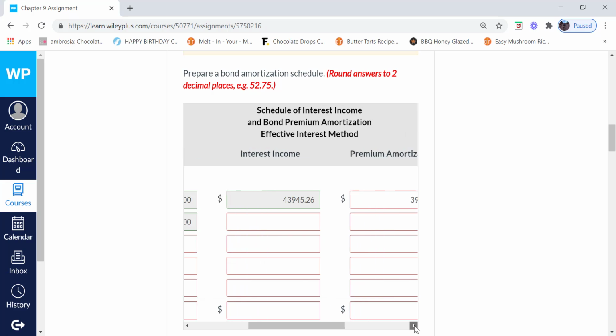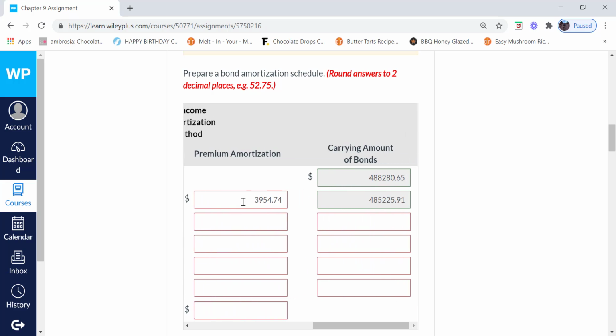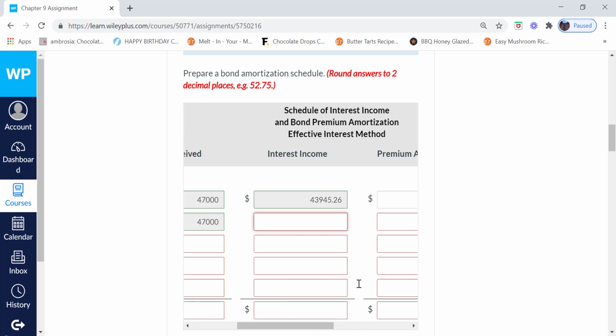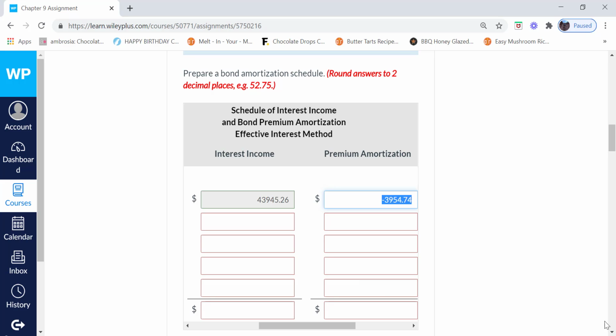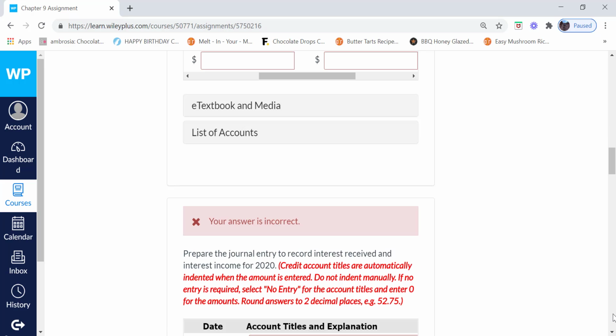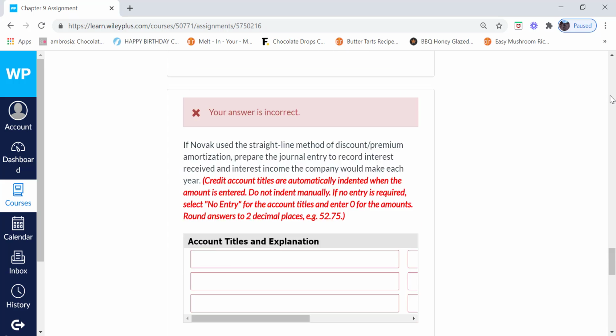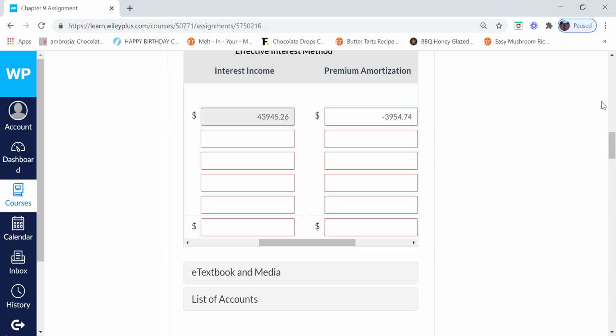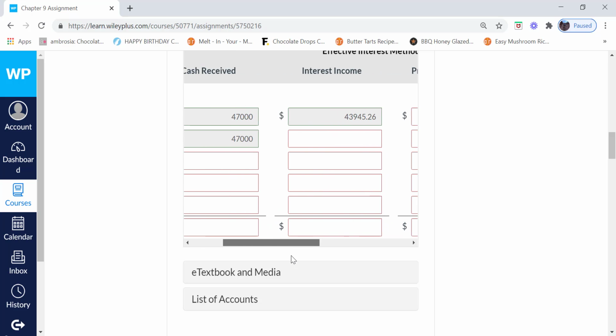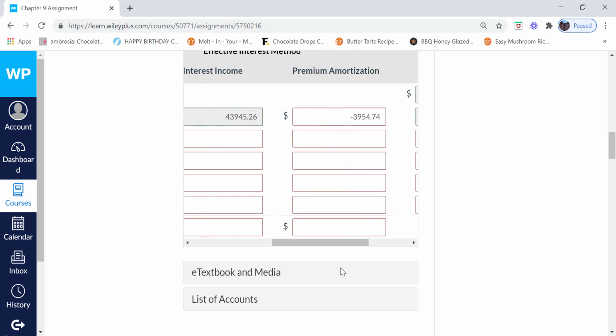Apparently not. I don't know if they want a minus on there, I'm not sure, or if I did a typo. Let me do some math. 47,000 minus 43,945.26 equals.